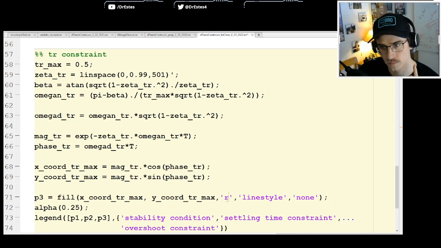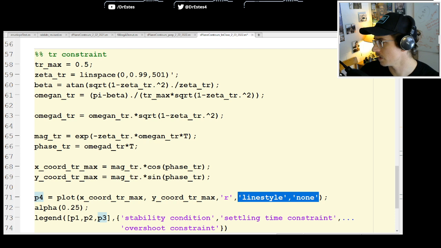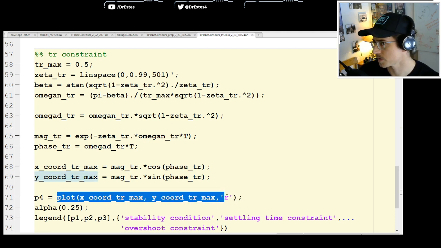Before using the fill command, I want to use a regular plot command, and I'll tell you why. Because filling this shape is going to be a little more complicated. Let's call this P4 also. And for this line style, I'll just get rid of that, because I'm actually going to want to just plot a line first.